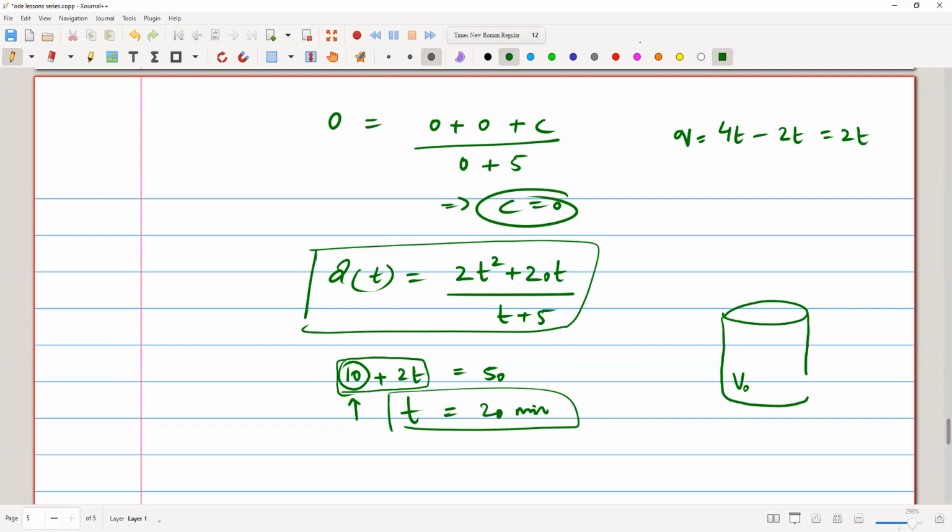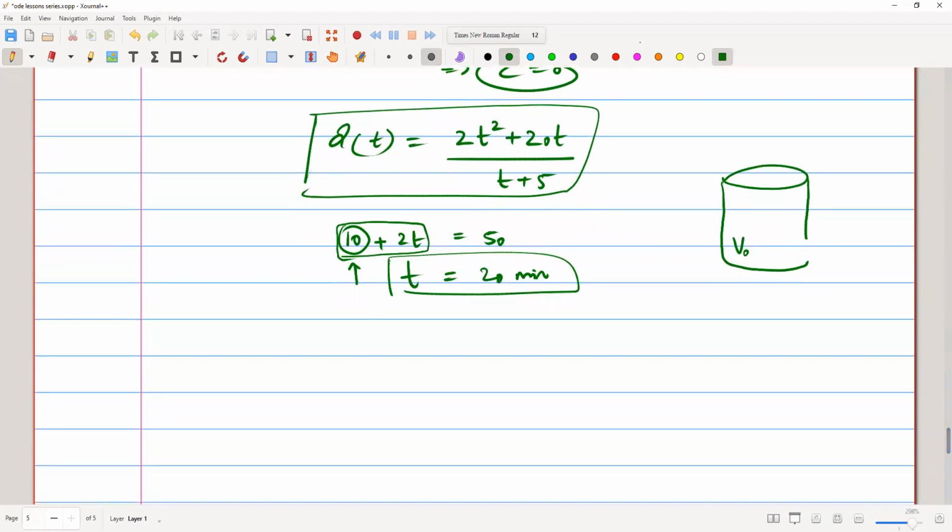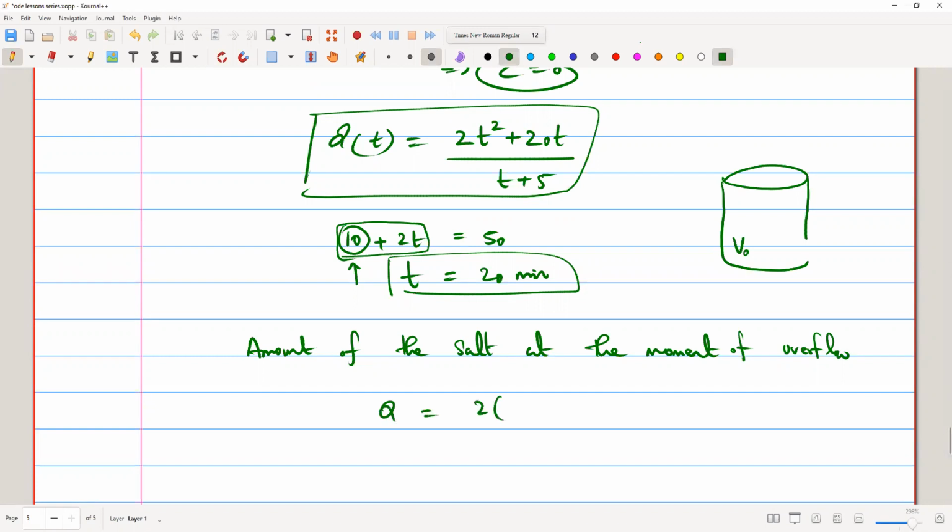So the amount of salt in the tank at the moment of overflow can be easily computed. It's simple: time is 20, so 2 times 20 squared plus 20 times 20, divided by 20 plus 5.